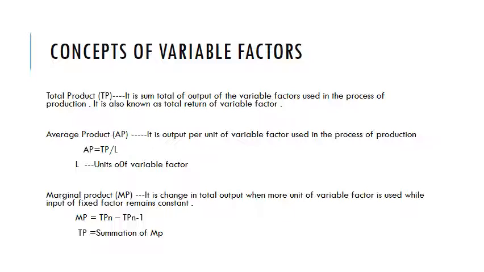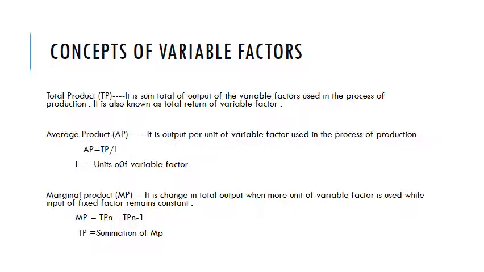Let us study the concepts of variable factor. Total production. Total production is the sum total of output produced by all the units of variable factor along with some constant amount of the fixed factors used in the process of production.